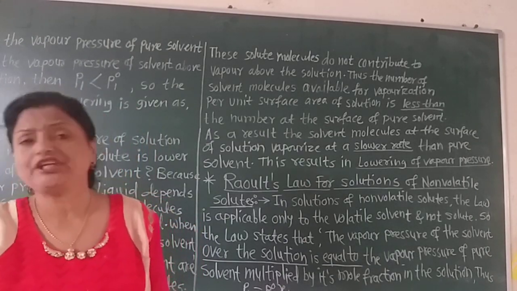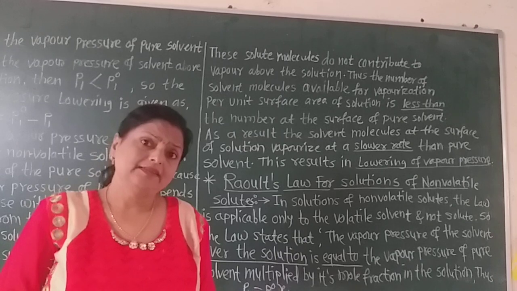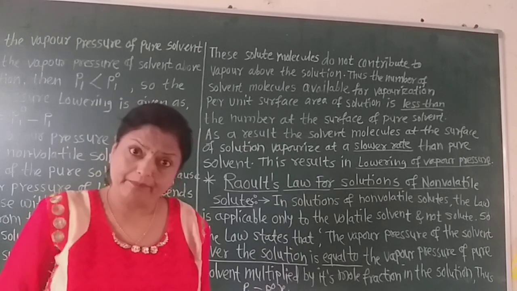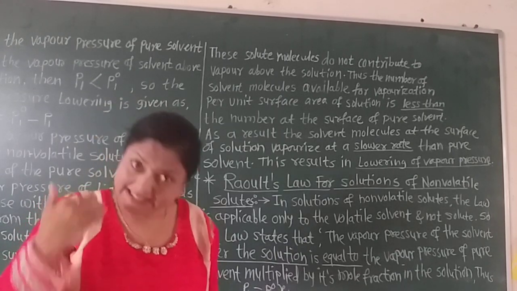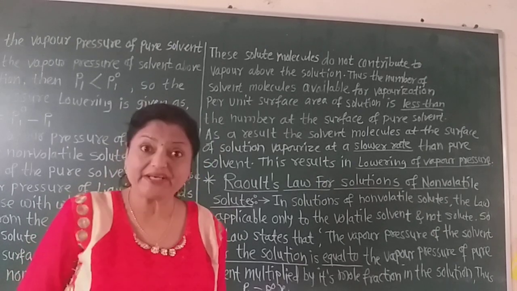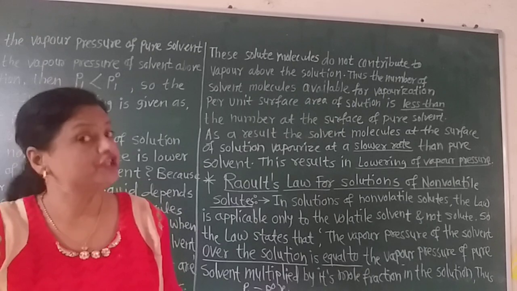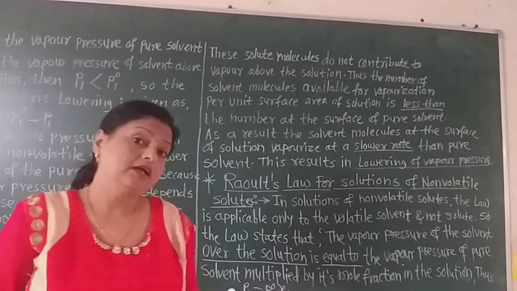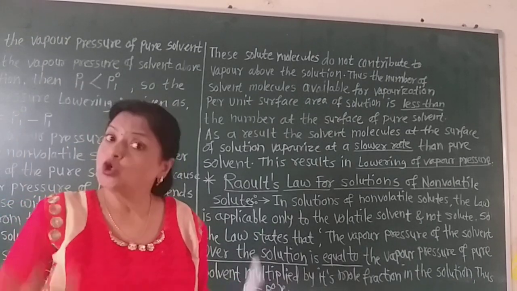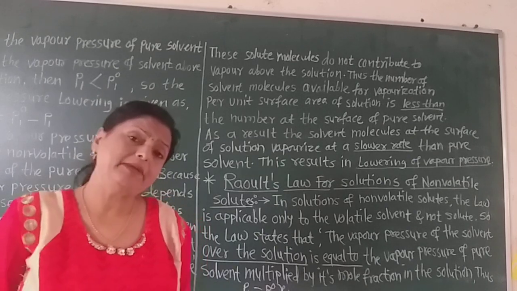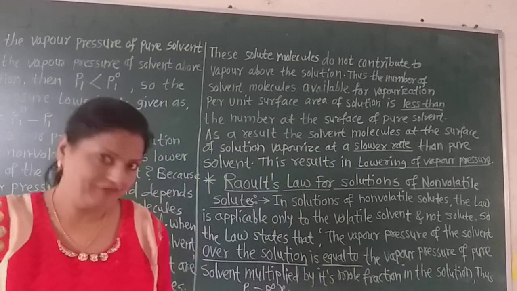So what is the statement of Raoult's law? The partial vapor pressure is the vapor pressure of the pure liquid multiplied by its mole fraction. But here there is no solute vapor pressure, so it is applicable only to the solvent vapor pressure.